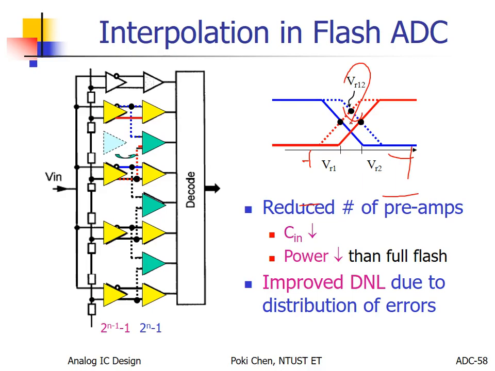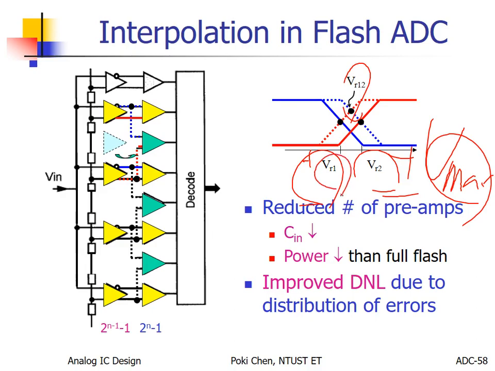Okay, you can see for VR2, if you are so unlucky, you get the maximum mismatch. All right, but how about this one? The probability for VR1 to get, even if it is also positive, the same positive Vmax is almost 0. Okay, so even though you get one maximum, the other one is more likely not maximum, even if they have the same positive or negative polarity.